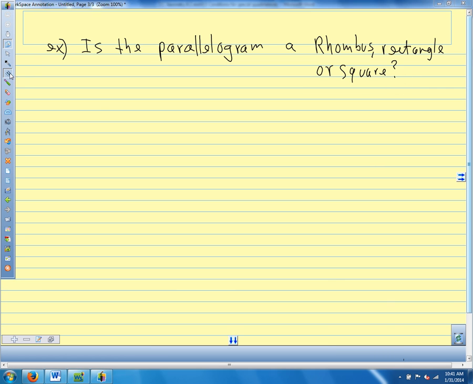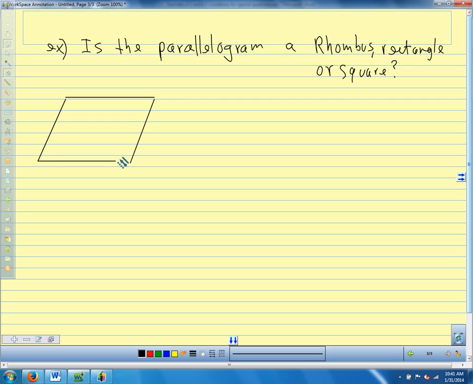So here's our picture for the first one. We know we have a parallelogram. We want to figure out what else we know about it. I'm going to draw the diagonals, and remember on these we need to go with what the diagram tells us, not what the picture looks like.